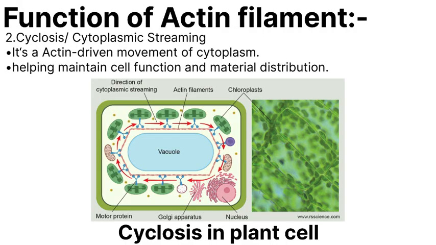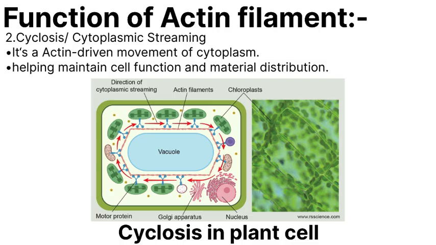Then we have cyclosis, or cytoplasmic streaming. It is the directional flow of the cytoplasm within a cell. It helps to distribute nutrients, organelles, and other materials evenly throughout the cell. In plant cells, cytoplasmic streaming is easily observed under a microscope, where the chloroplasts move around in a circular pattern.